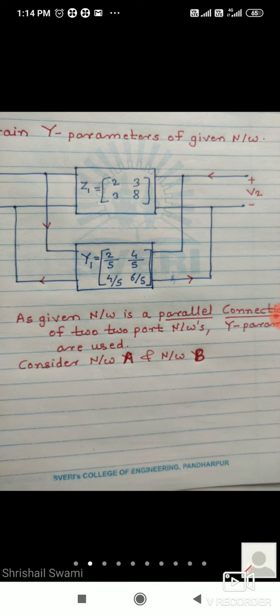Okay, so two networks are given. So how to find out now the Y parameters?